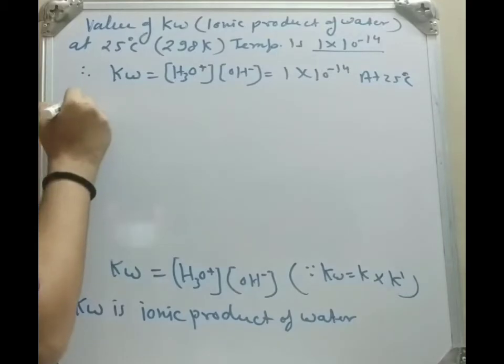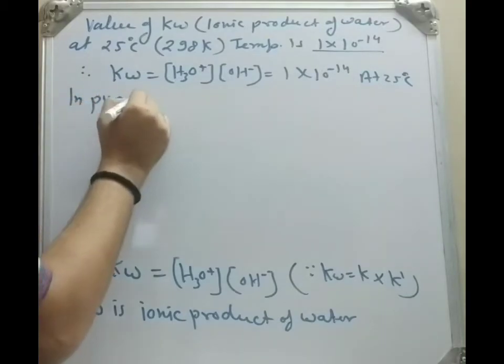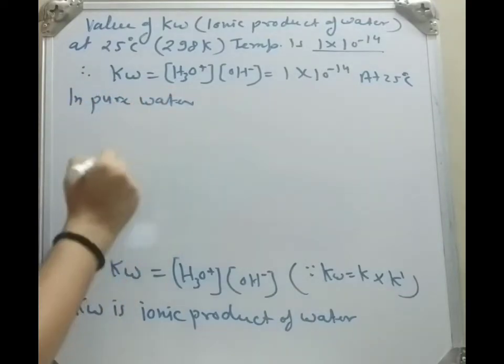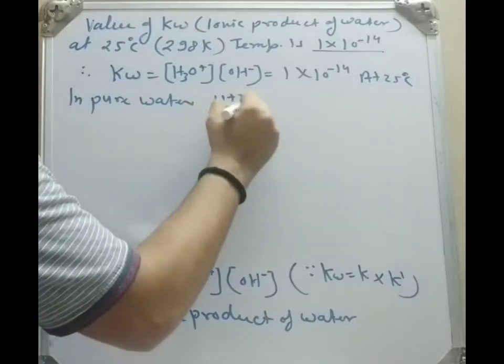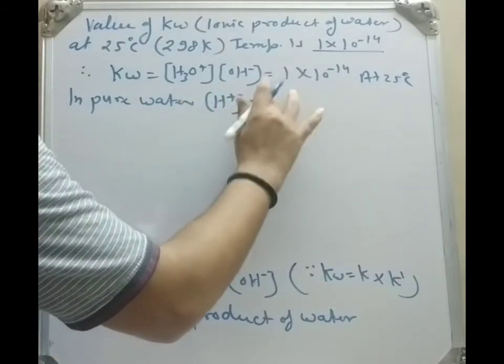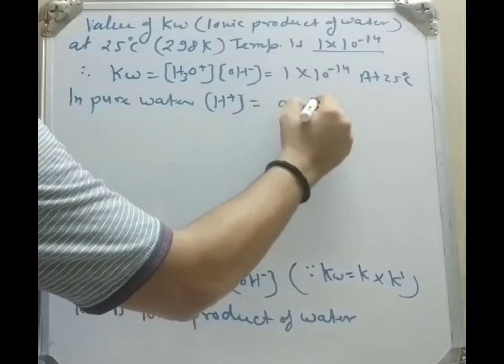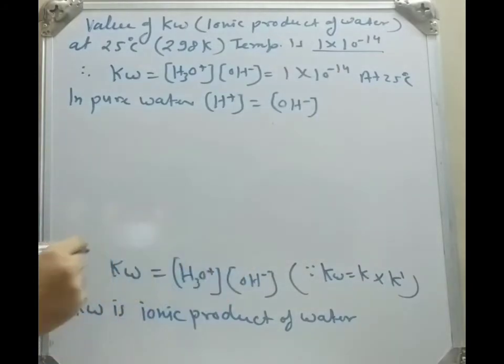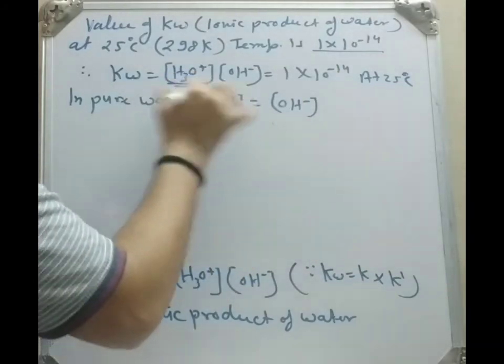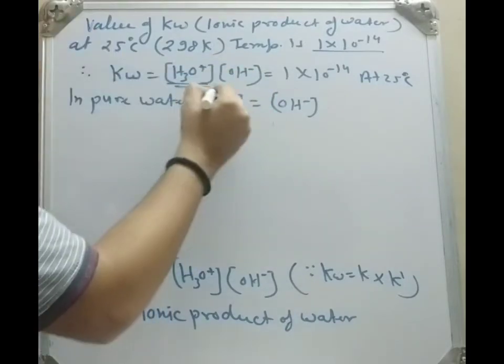Okay. Now in pure water, H plus concentration is equal to OH minus concentration. H plus concentration means H3O plus concentration, so they are equal in pure water.